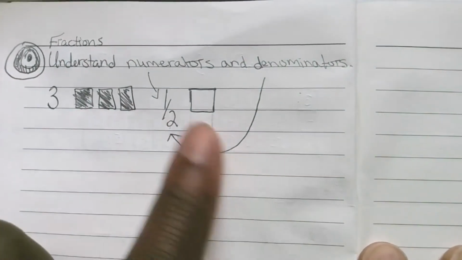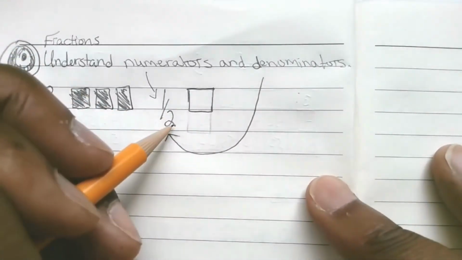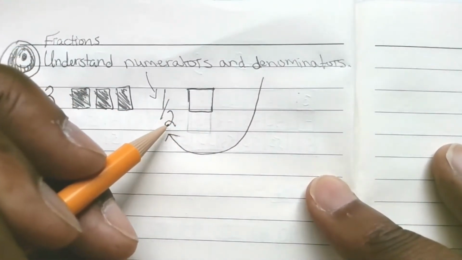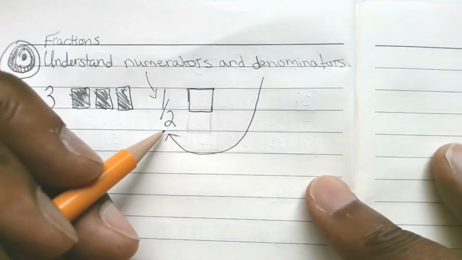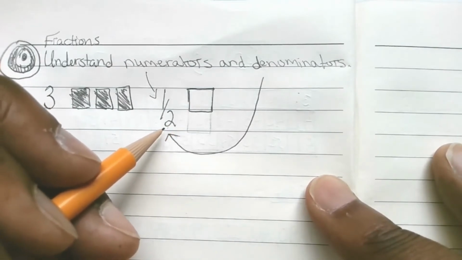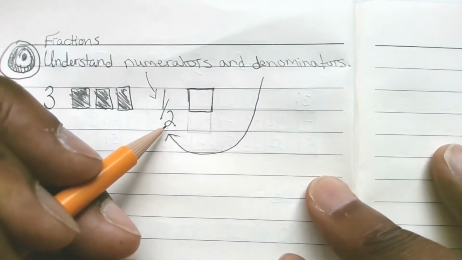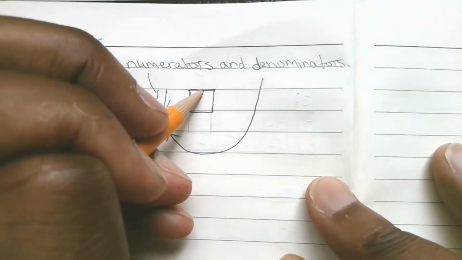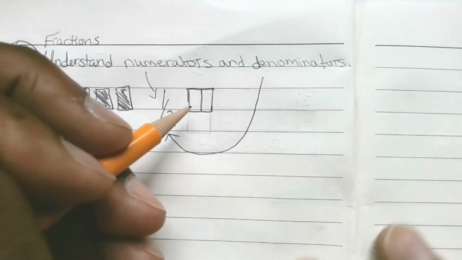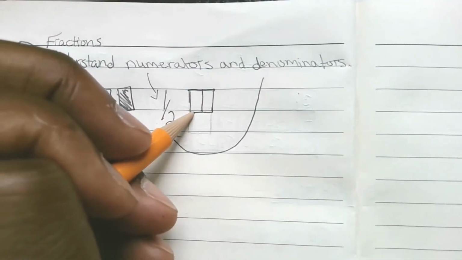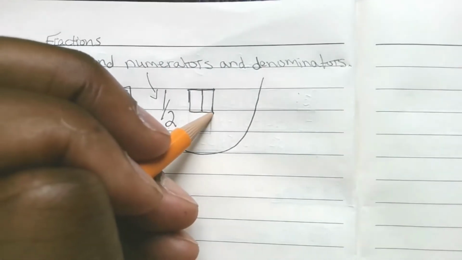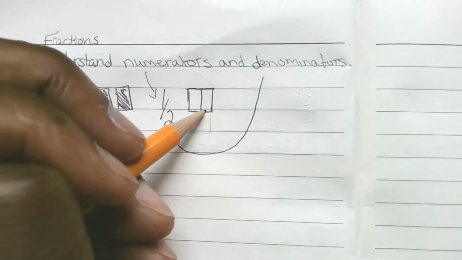Let's say it was the same size here. So whatever shape I have is going to be divided into 2 equal parts. So I have 1 equal part here, and then another equal part here. So I have 2 equal parts.